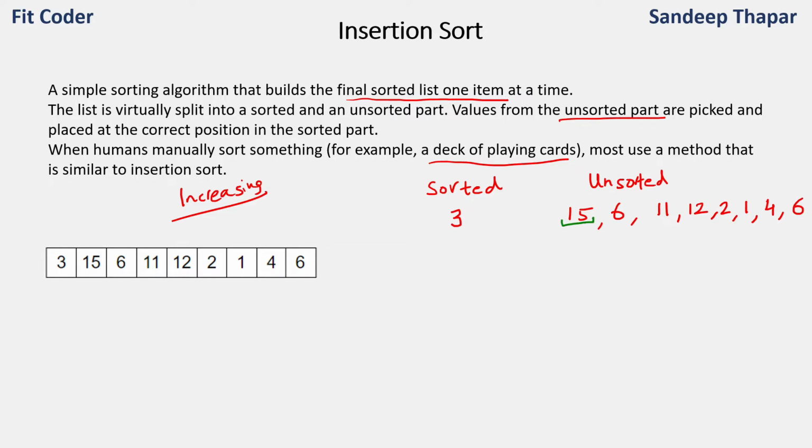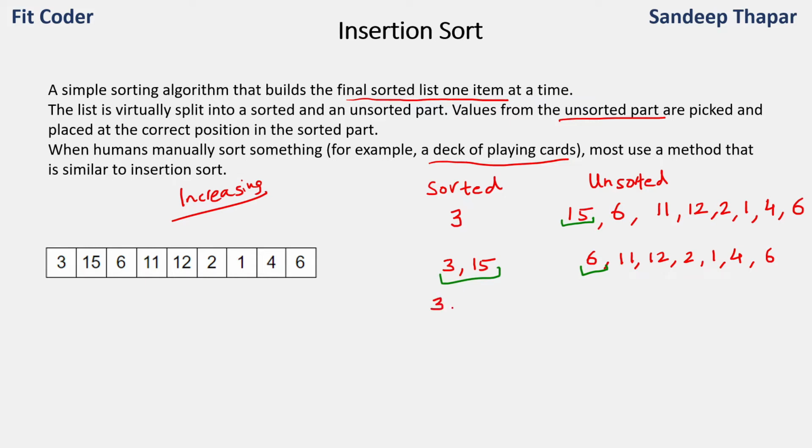In the next step, we pick an element from the unsorted array and place it in the correct position in the sorted one. So 15 comes after 3. The sorted part becomes 3 and then 15. In the unsorted part, we are left with the remaining elements. In the next iteration, we pick the next element from the unsorted array, which is 6, and we place 6 in the correct position in the sorted part.